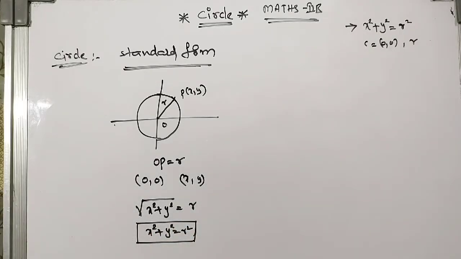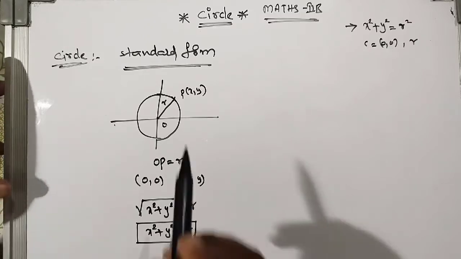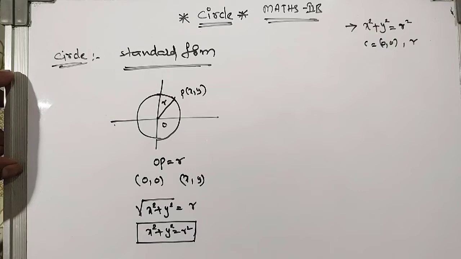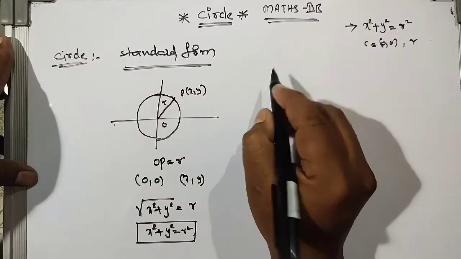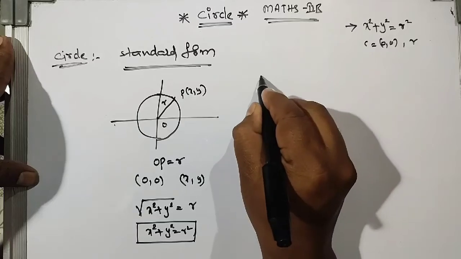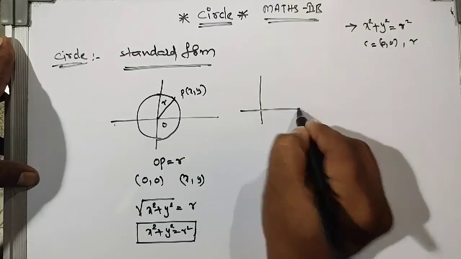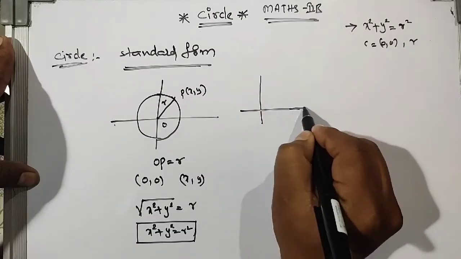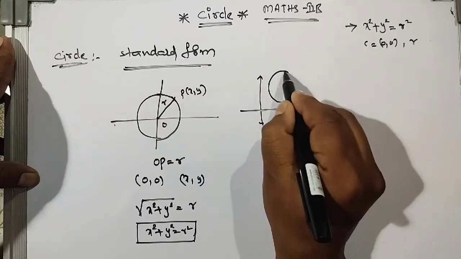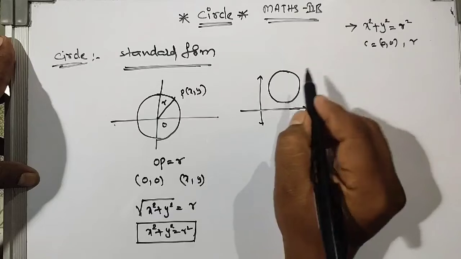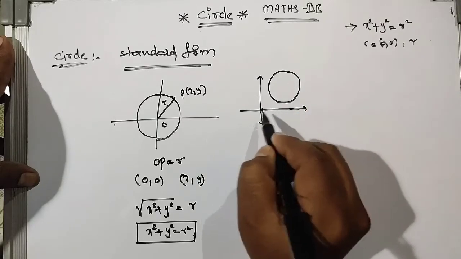Then we go for the next form. If the center is not the origin, then how will the equation be? Take this as our axes, and this is the circle like this. In this case the center is not the origin.